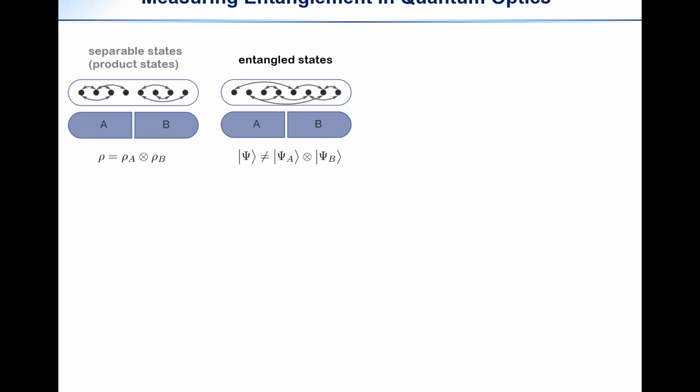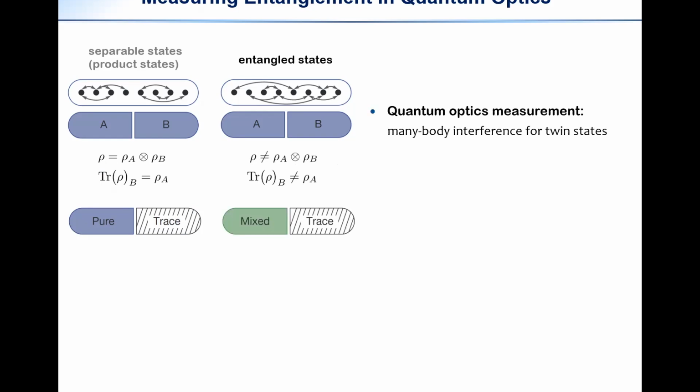The major idea is you can use entropy. You can use the purity of the state after you trace out a subsystem. If you have a product state, the density matrix is also a product. And if you trace out part of the system, this is still a pure state. But if you have an entangled state, after you trace out part of the system, it becomes mixed.